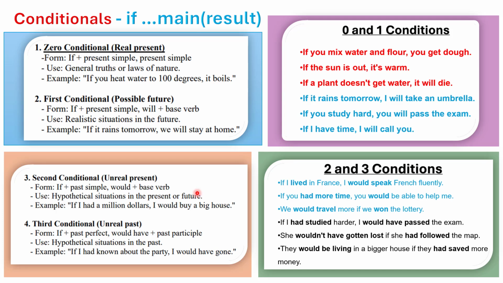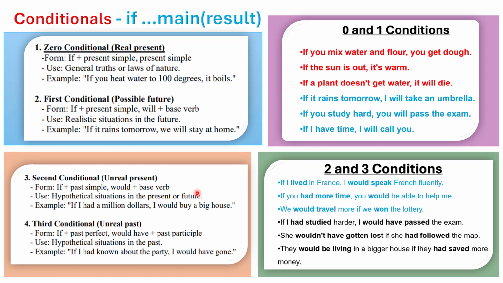Zero conditional we can call real present. The form, as we have mentioned, has two parts. In the if part we have if plus present simple, and in the second part, the main part or the result, we have present simple as well. So when do we have to use the zero conditional?